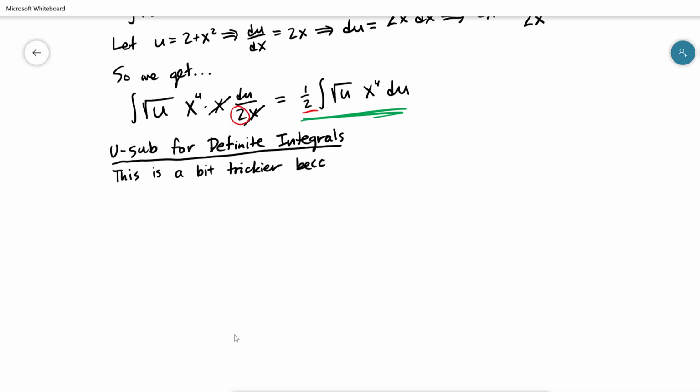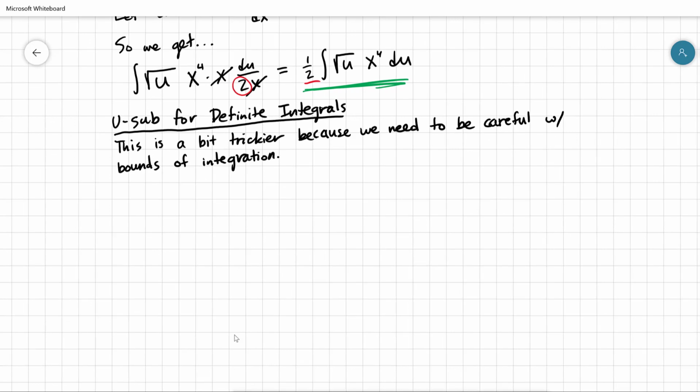So it's a bit trickier because we need to be careful with the bounds of integration. And we'll have two different approaches for this as well. So assume that we have the following.